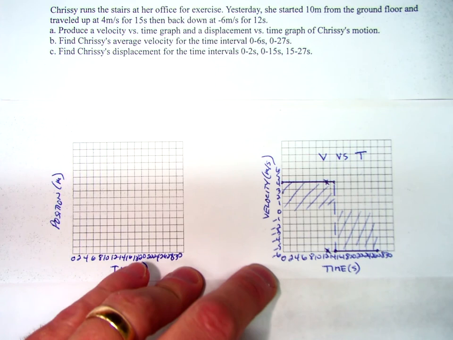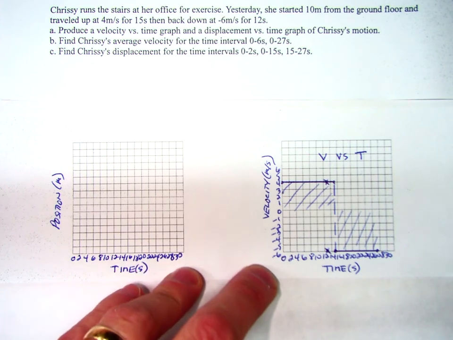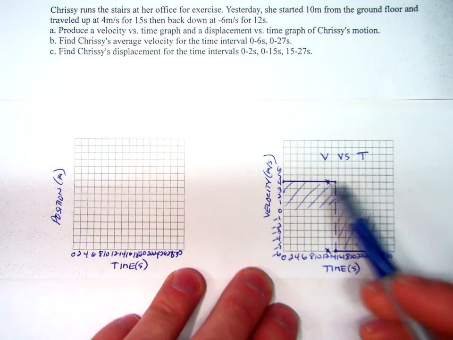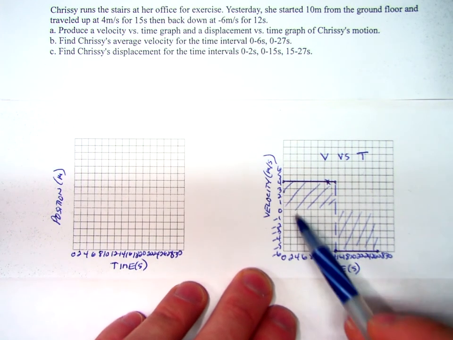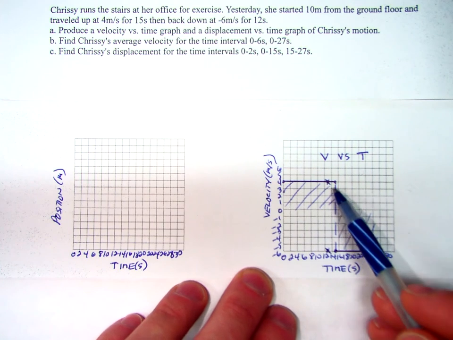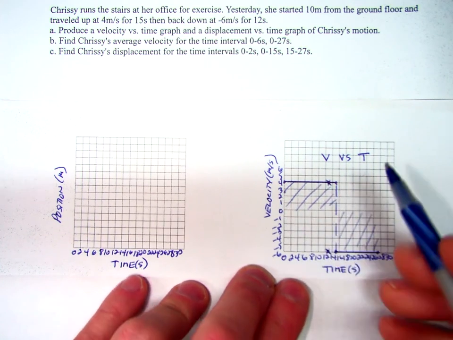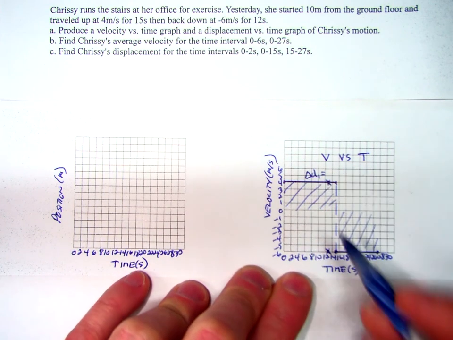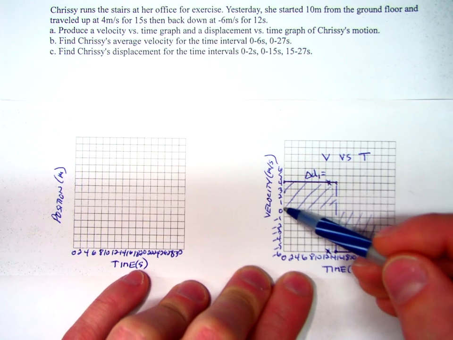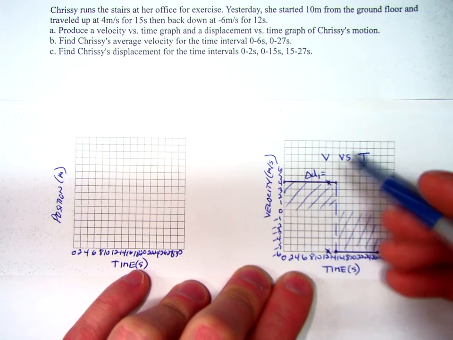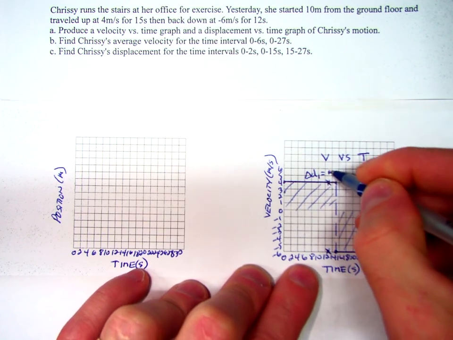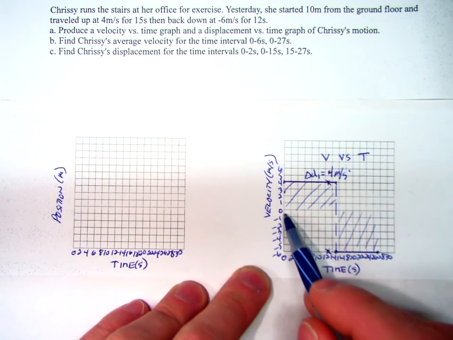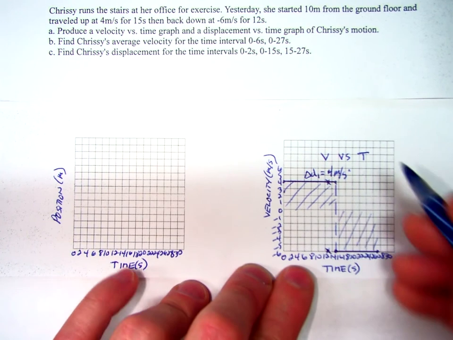Now, what does that boil down to on the graph? Well, it boils down to the velocity multiplied by the time, because the area of this rectangle, delta D1, I'm going to call it, is just equal to this height, which is velocity, and that's going to be 4 meters per second, and it's going to be for 0 to 15 seconds.